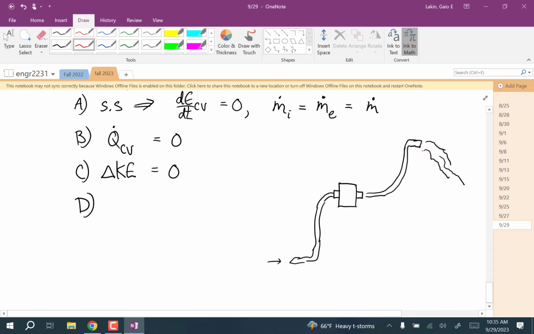And our system is not going to be just the electrical device, but it's going to be this whole thing. Well, then in both cases, the pressure at the inlet and the exit is just the atmospheric pressure.